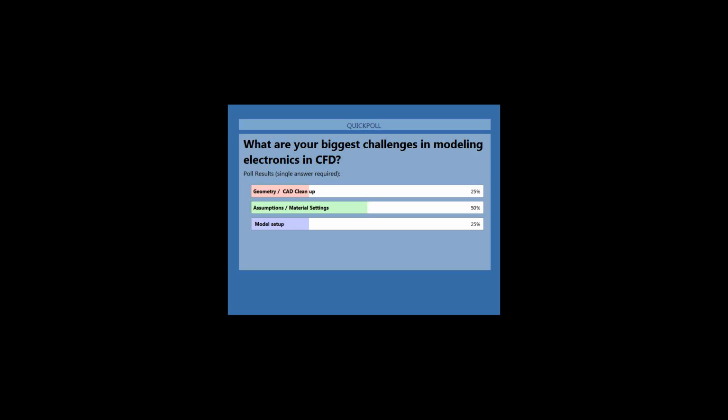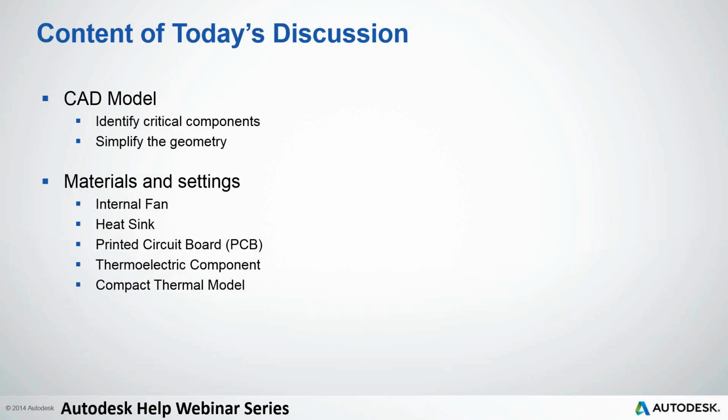We have 50% for assumptions and material settings, in second rank the model setup, and in last rank the geometry or CAD cleanup. I will hand over to the following slide, Matt.